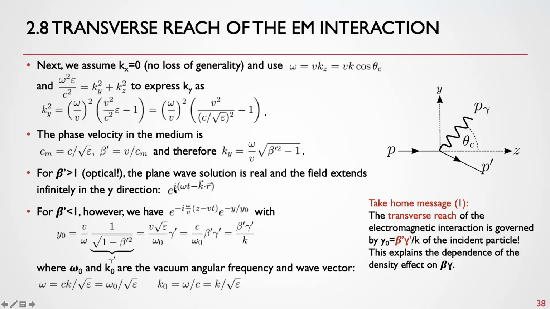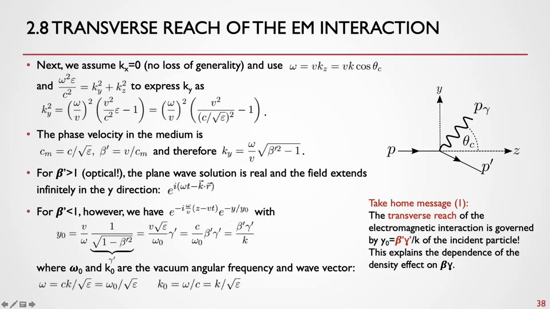It's given by our original plane wave solution, corresponding to a single photon emitted in the direction phi c. However, for beta prime smaller than 1, we have an evanescent field, so a field with a finite extension of a characteristic distance y0 that's given, again, by our factor beta gamma.